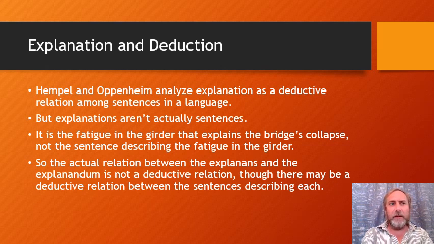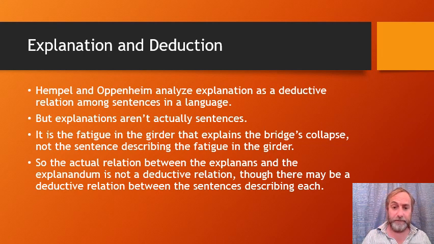So it's actually kind of odd to describe explanations as deductive relations, because deductive relations only occur among sentences, propositions. Explanations are things in the world. So, strictly speaking, to be fair to Hempel and Oppenheim, what you might have is a deductive relation between the sentences that describe the things in the world.